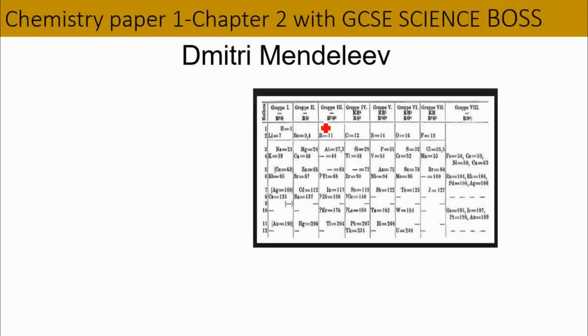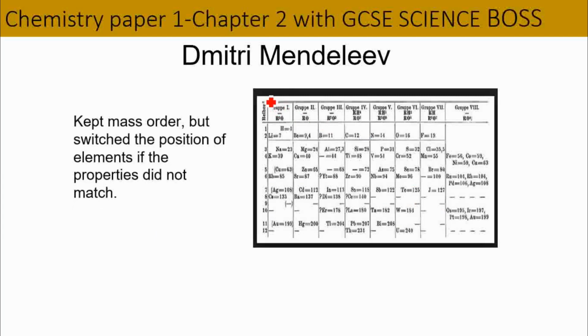Now, after that, along came Dmitri Mendeleev. Now, he's one of my favorite scientists. Okay, so Dmitri Mendeleev kept the order of mass, but he also did some switching of elements, because he found that there were certain elements whose properties did not match. So what he did, he left gaps, and this was a profound thing that Dmitri Mendeleev did.